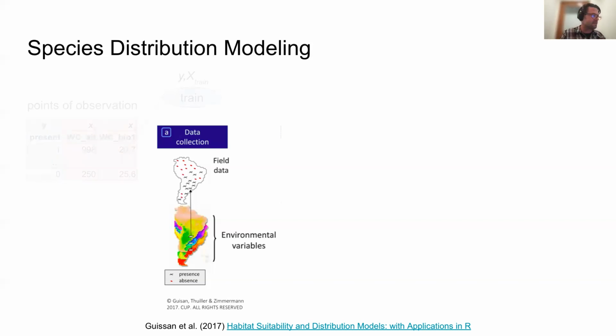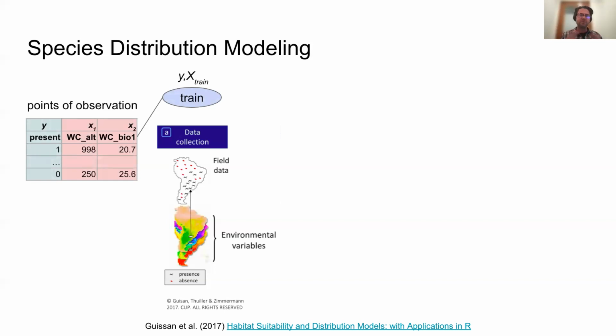All of that was in service of creating a simple table. That table has the Y, which is our response variable, and the X's, which are our predictors, otherwise called features. The presences are coded as 1, and the absences are coded as 0. Then we've got the environmental values for that given point in that given row.